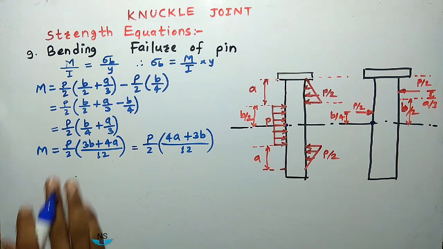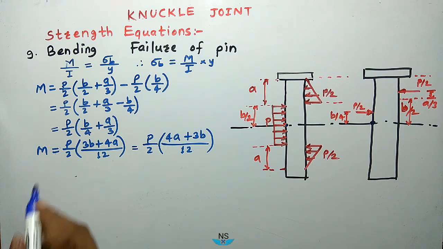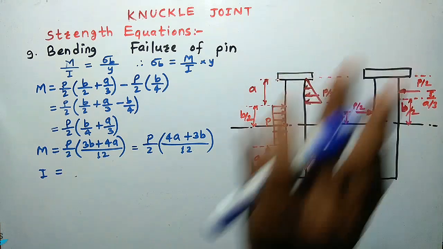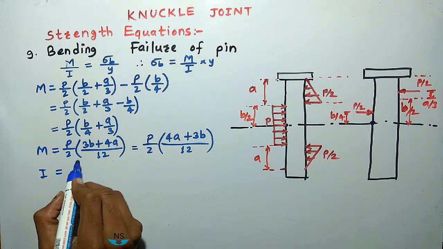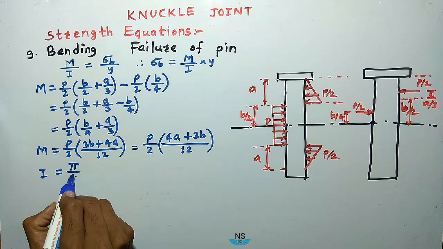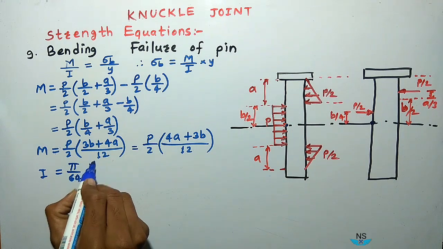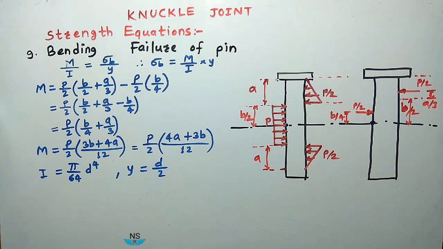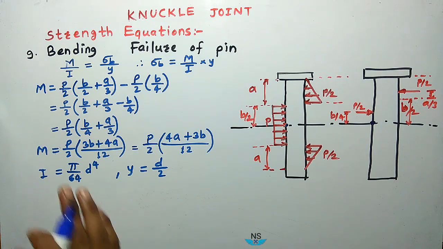You can write it in this way. So this is M. Now I is the moment of inertia. This is a circular section, and for a circular section the moment of inertia is pi by 64 d raised to 4. And what is y? y is half of the diameter, d by 2.